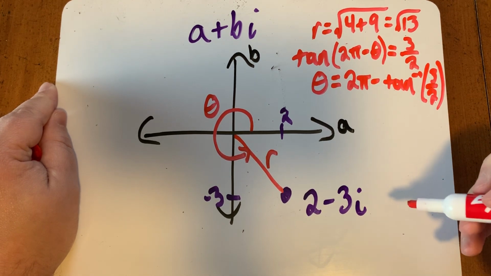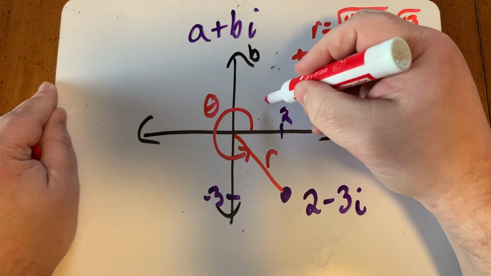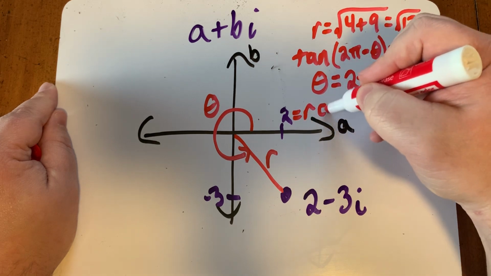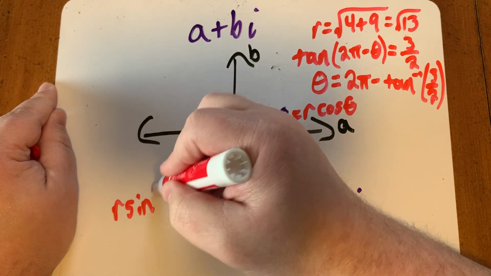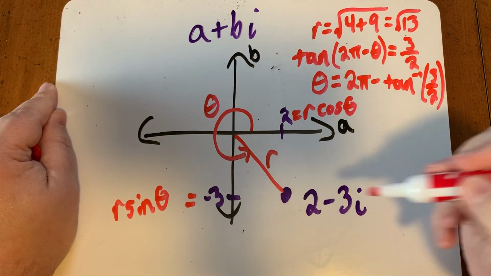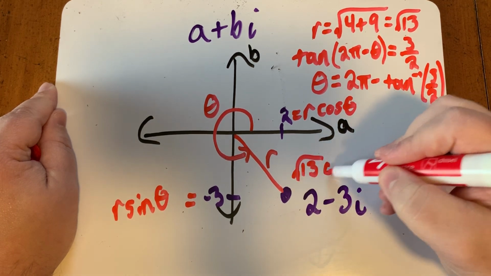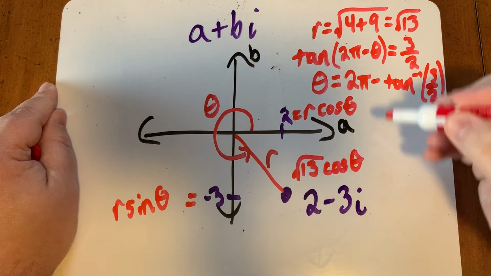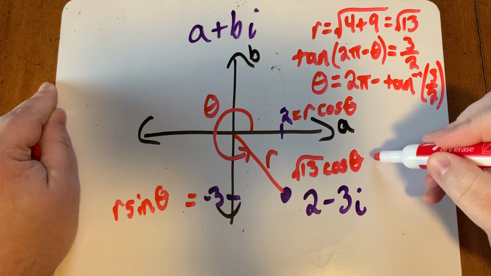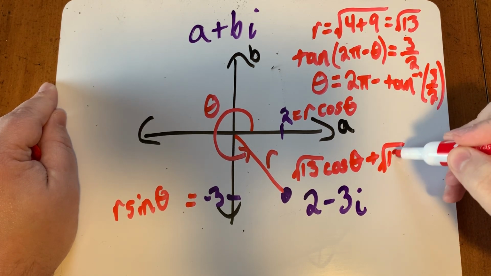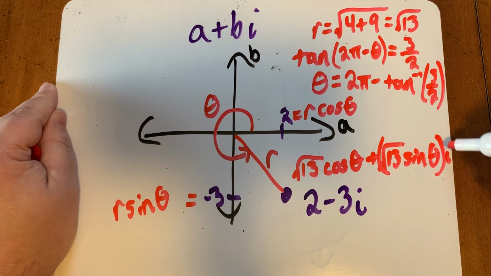So another way to express this: isn't the horizontal just r cosine of theta, and our vertical r sine of theta? So we can rewrite this number as root 13 cosine of theta (I'm not going to rewrite that value) plus root 13 sine of theta times i.